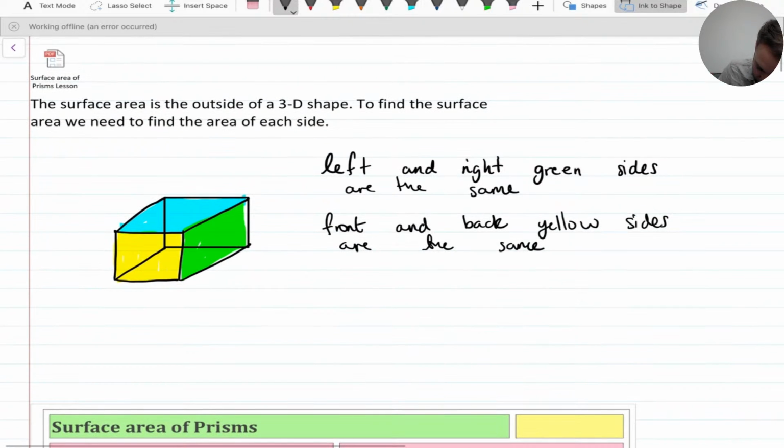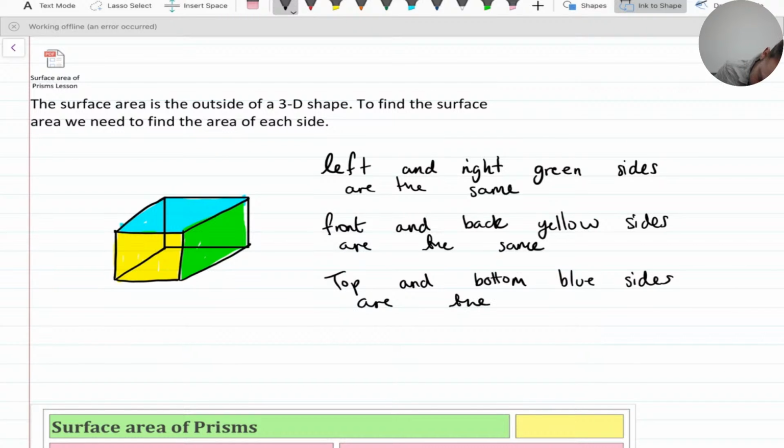And we can also say that the top and bottom blue sides are the same.